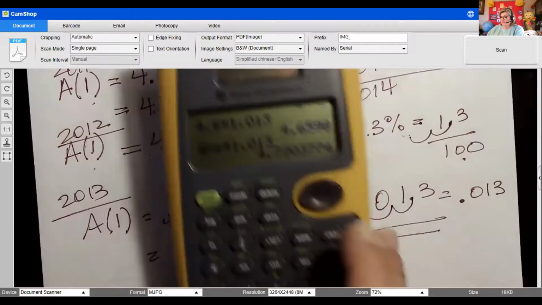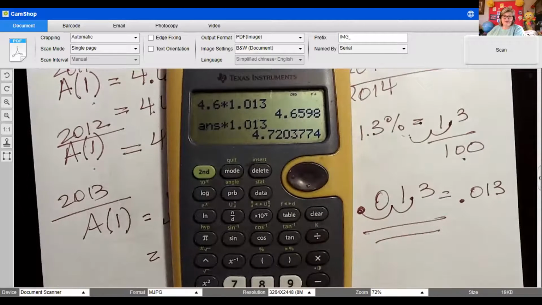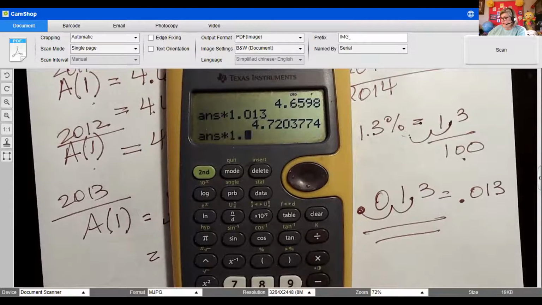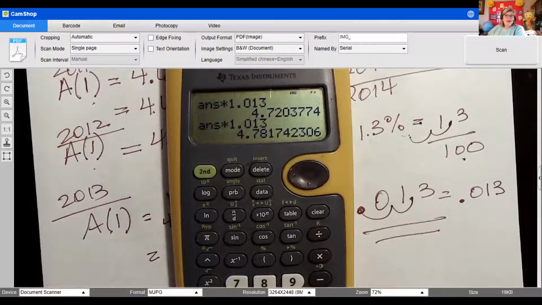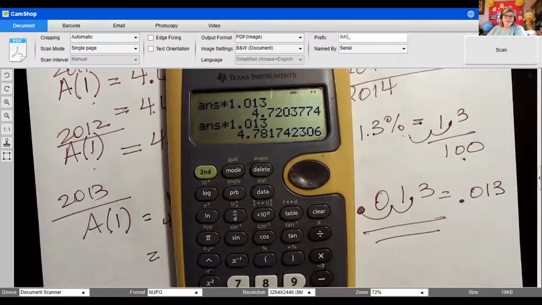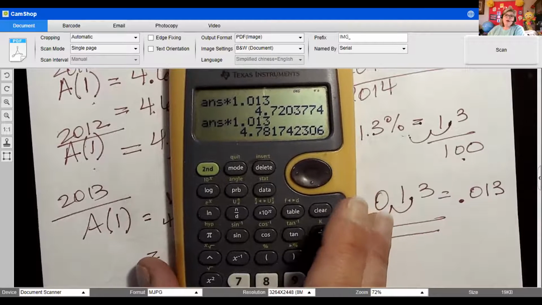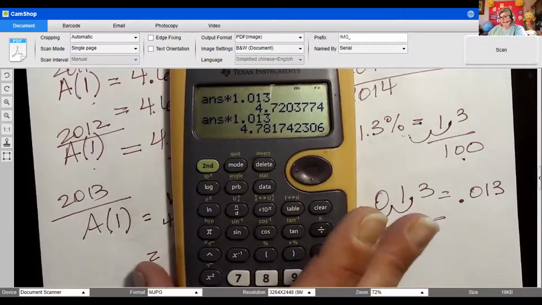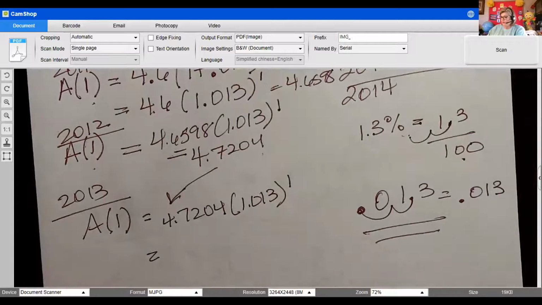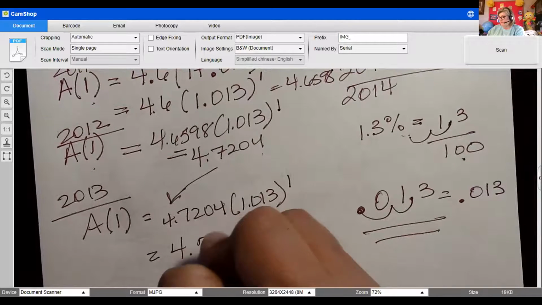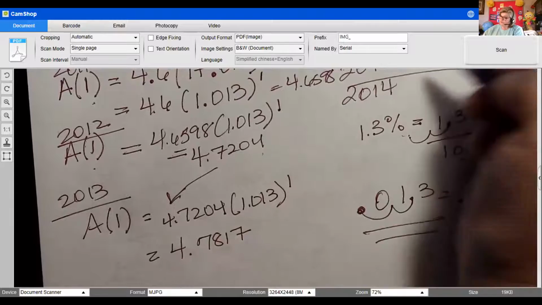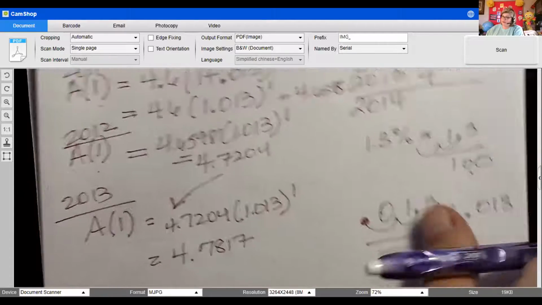Once again, to keep from making any rounding errors, I'm leaving that in my calculator, times 1.013, and that gives you 4.7817. We'll truncate it there, but we're going to leave it in the calculator. We're not going to take it out. So 4.7817, put that in our chart up here.